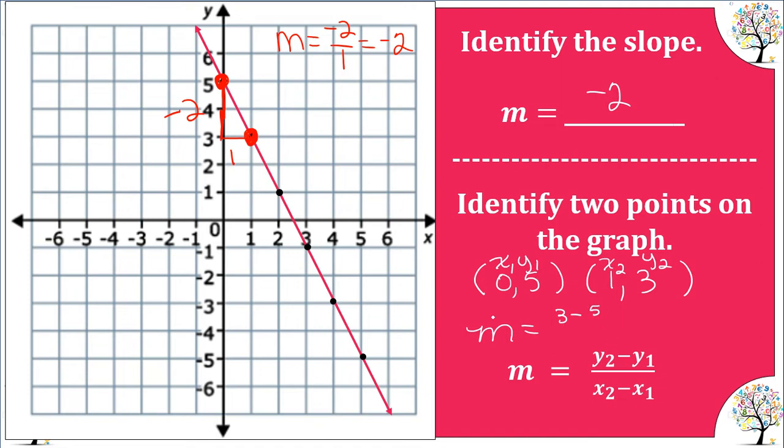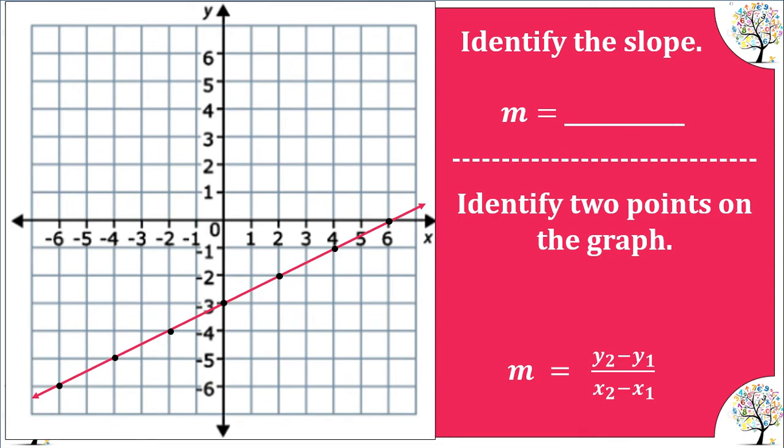We're subtracting because we're finding the difference between the points. And then we do the x's, so it's 1 minus 0. If I do keep, change, change for that, that gives me -2, and 1 minus 0 is 1, and that simplifies to just -2. And again, it matches up.